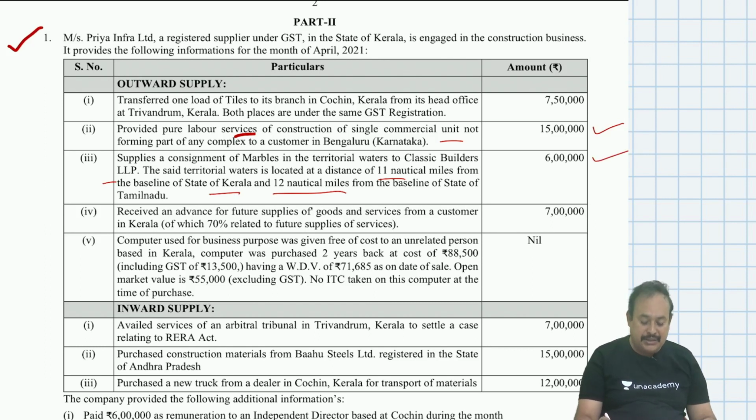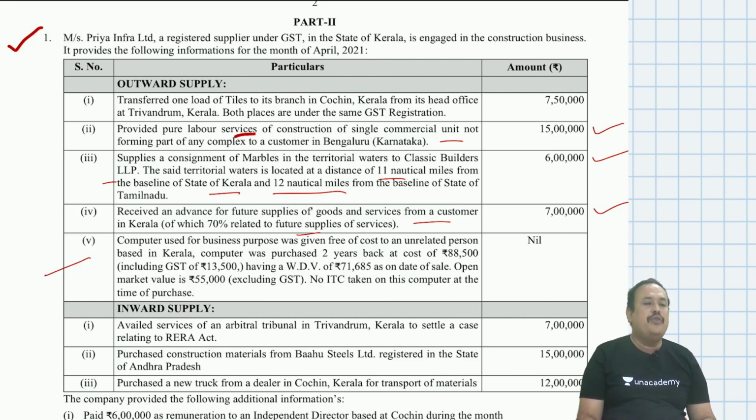Total rupees 6 lakhs. 4. Received an advance for future supplies of goods and services from a customer in Kerala, of which 70% is related to future supplies of services, total 7 lakhs.